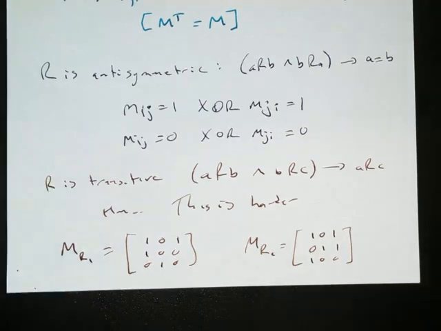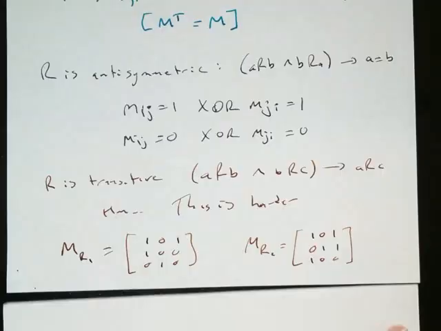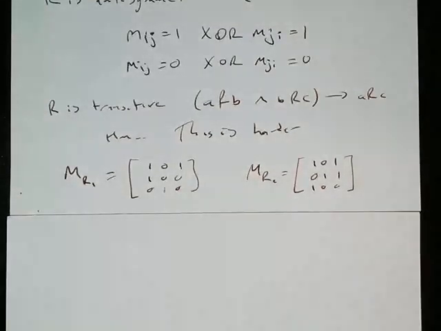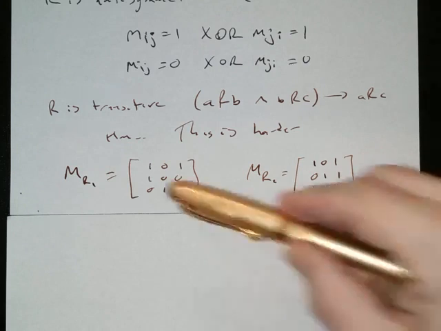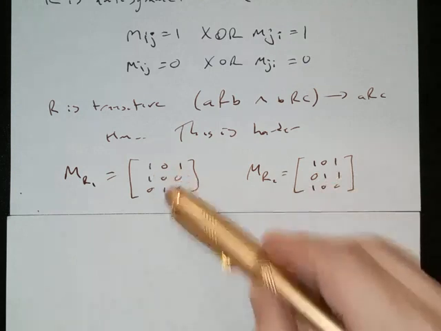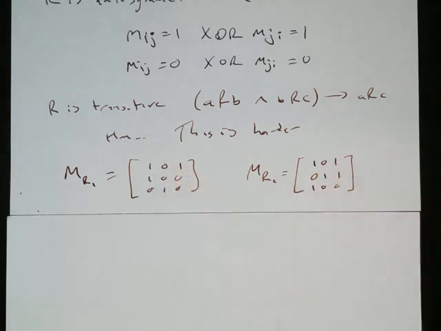Here are two matrices. Before I go any further, are either of these matrices reflexive or symmetric or anti-symmetric? Clearly, this one is not reflexive. There are zeros along the diagonal. Same thing here.